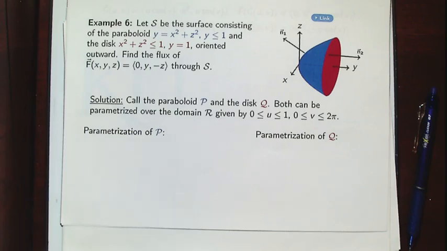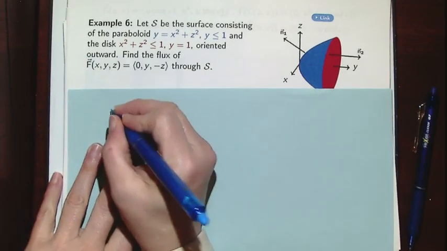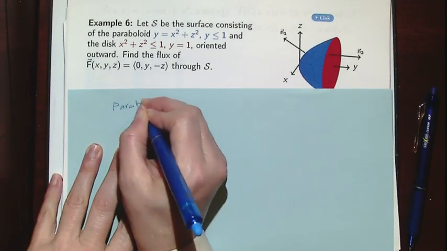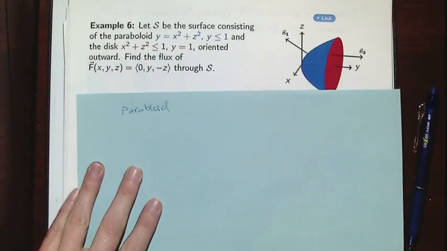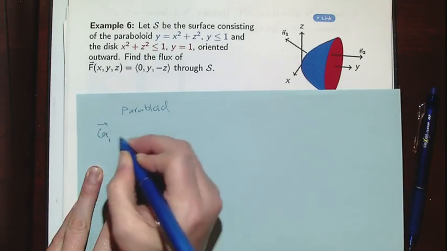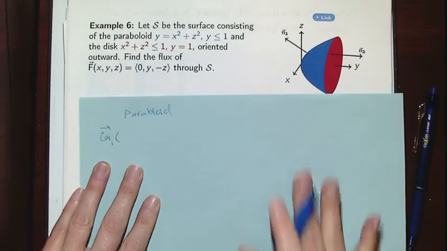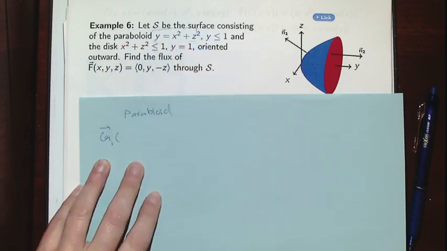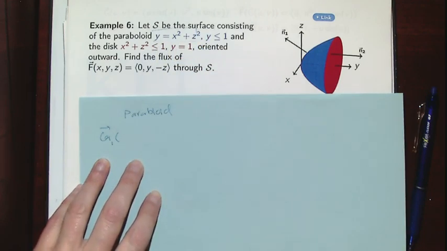Ready for that? So, what's the parameterization? Let's start with the paraboloid. What's the parameterization of the paraboloid? You have x squared plus y squared. Typically, what do you do when you see x squared plus y squared?